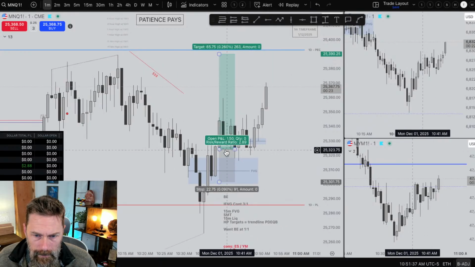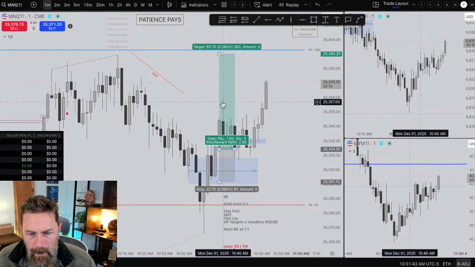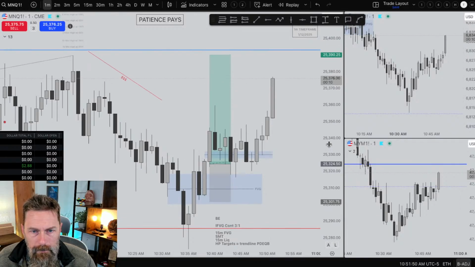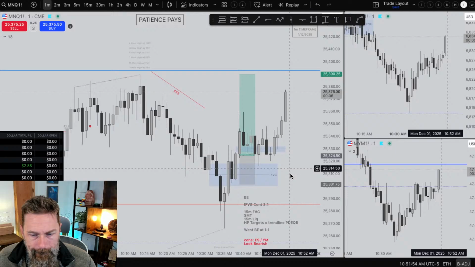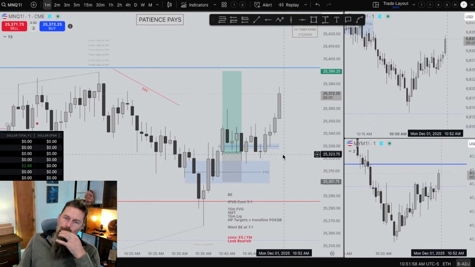Here it was 1, 2, 3, 3 and 4 candles. Probably should have given it some breathing room. But I also say if it goes to 1R, I got to go to break even. So, all right. So I was right about that. Probably.